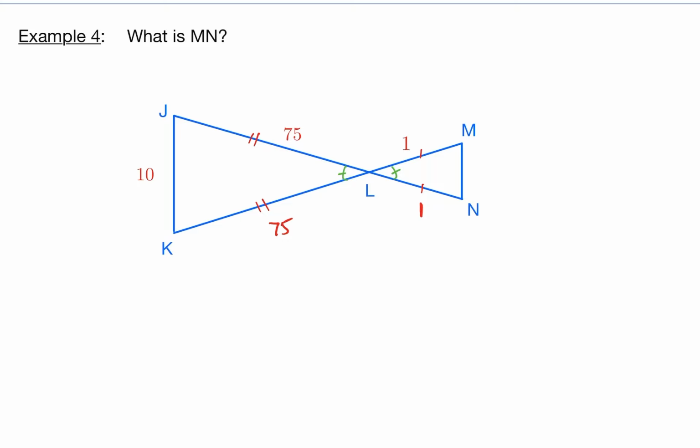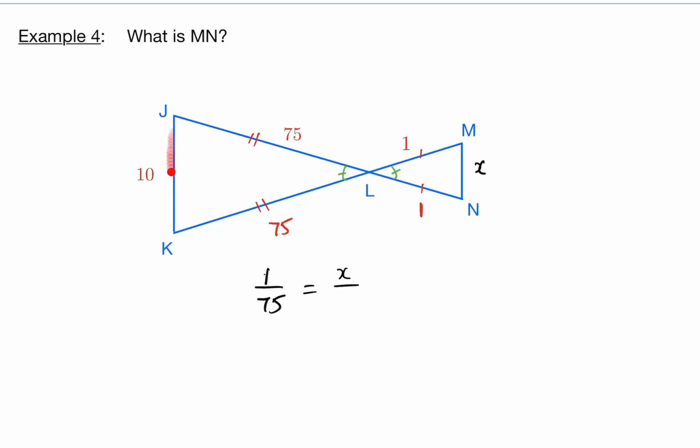So to solve for MN, we can establish the ratio. We would say that 1 to 75, or 1 over 75, is equal to MN, and we're going to call MN X here. So that's going to be equal to X over, well, what is the corresponding side on the large triangle?